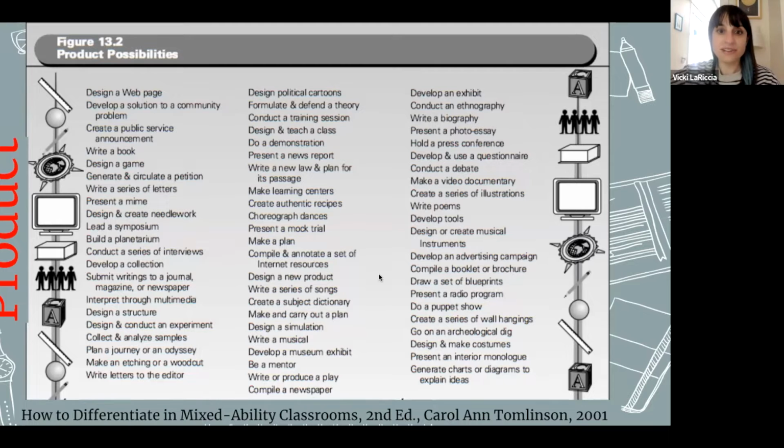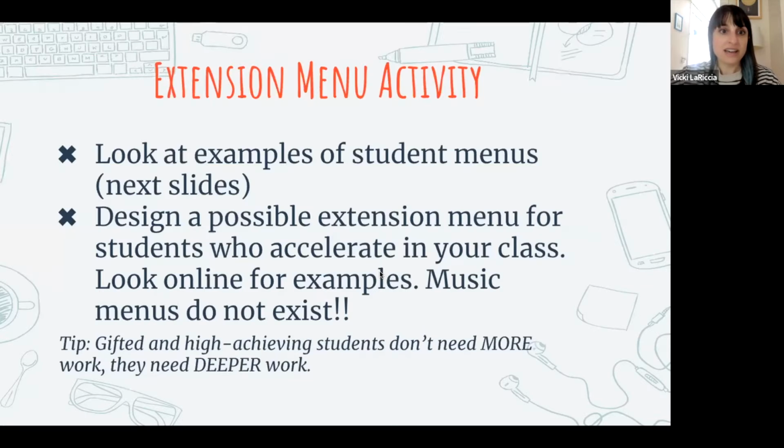All right, so we're going to move on from products. In terms of process or assessment: for students that you've assessed and this is a little bit too easy for them, they need a bit of a challenge, they're already very independent with other aspects of the process, this is just an example of something you could do, which is an extension menu.